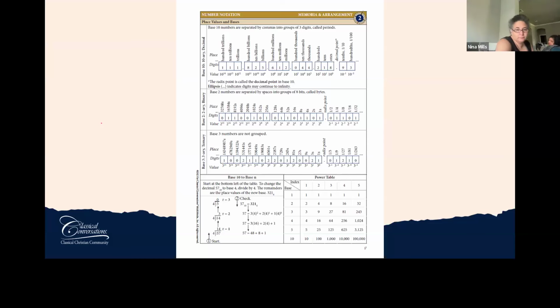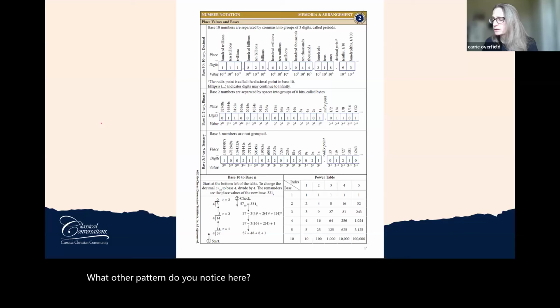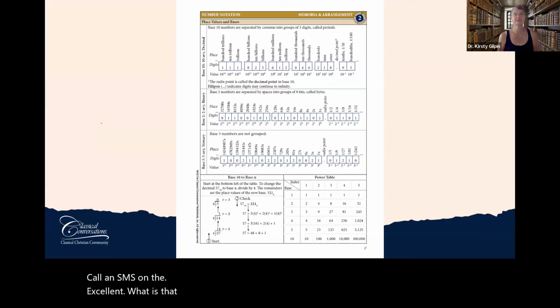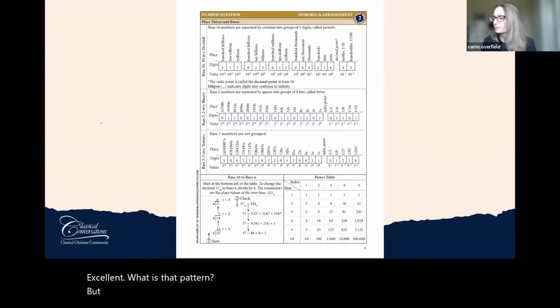What other pattern do you notice here? The exponents on all of the bases, where it says value, whatever the base is, the exponents follow the same pattern. Excellent. Well, there are different ways of looking at it, but it's starting at the radix or the decimal point.